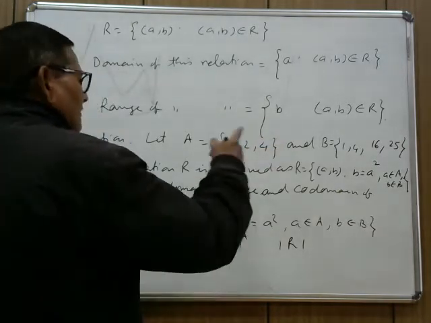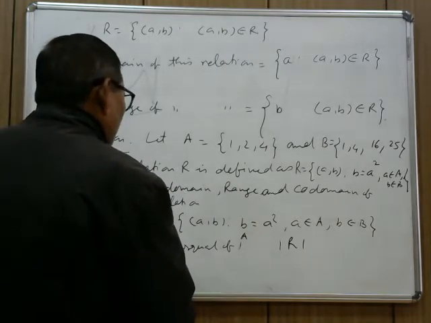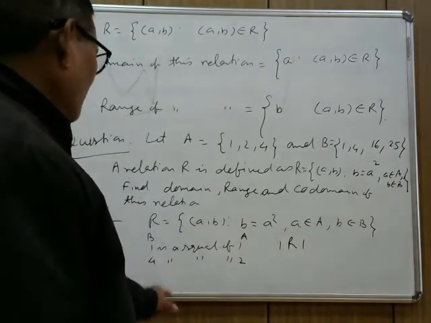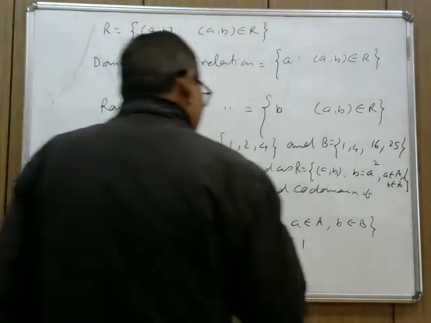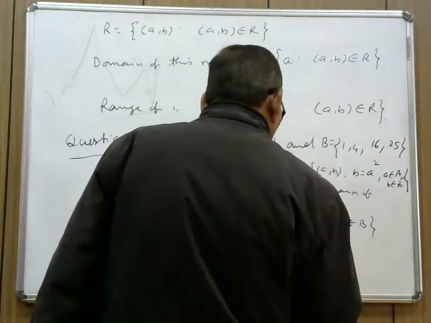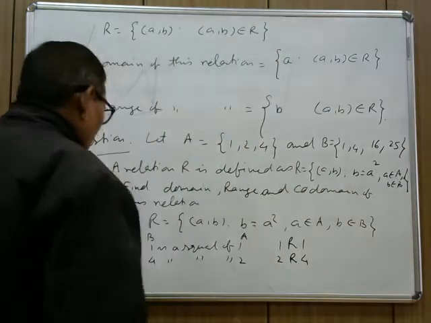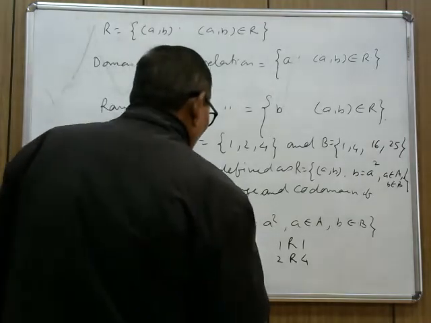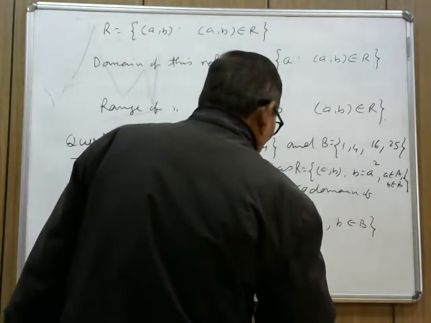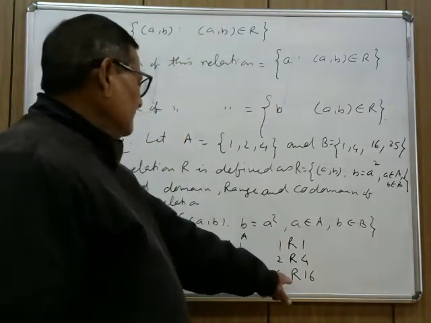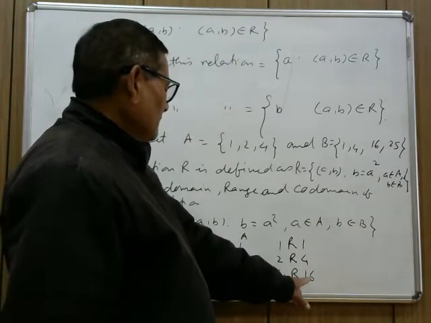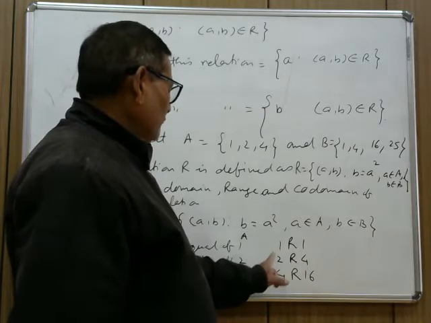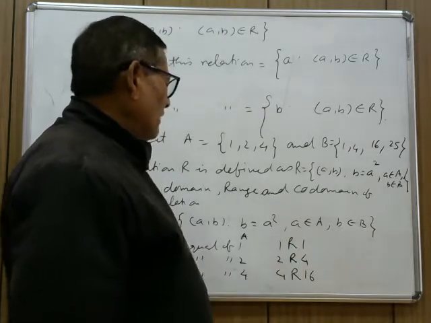Now you take 4. 4 is the square of 2, and 2 belongs to A, 4 belongs to B. So by this relation, 2 is related to 4. And 16 is the square of 4, so 4 is related to 16. Your relation is: 16 is the square of 4, 4 is the square of 2, 1 is the square of 1.